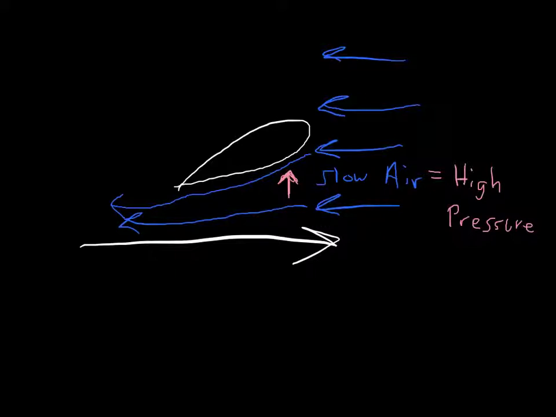If we have low pressure above the wing, that means what? If we have low pressure up here, then the high pressure pushing up into a low pressure area means that the plane can lift off.